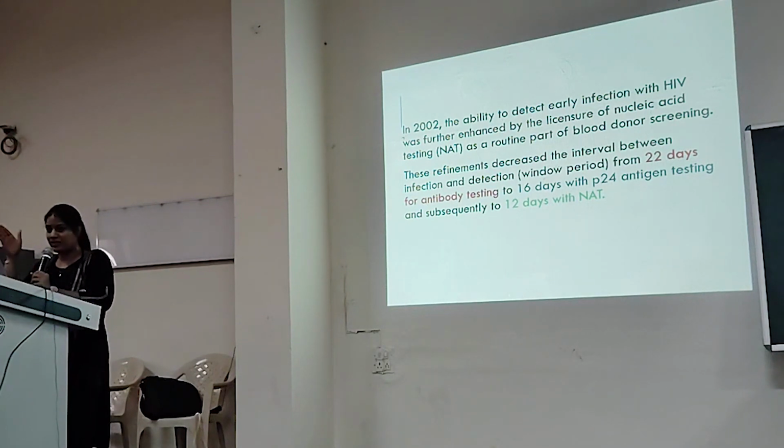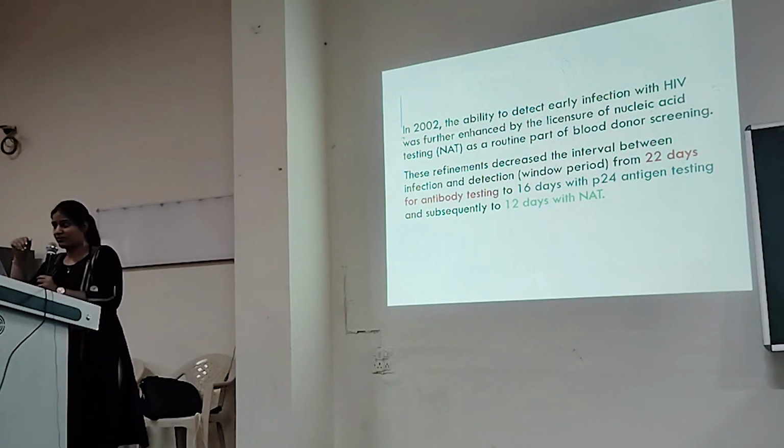So if we do the HIV test during this window period, the patient will show negative. To identify the antigen in the window period, we have specific tests like P24 antigen, which will give positive within 16 days of infection with the virus.